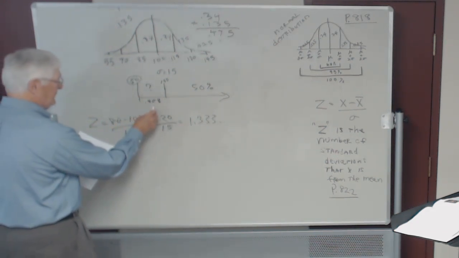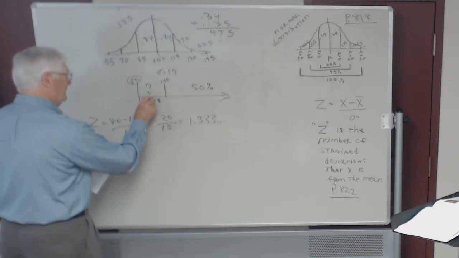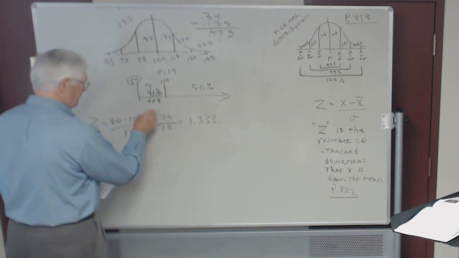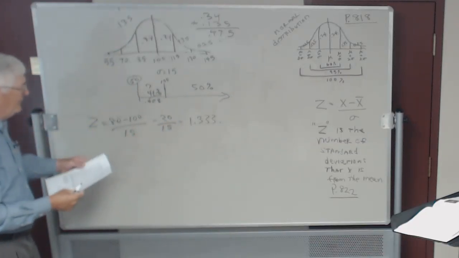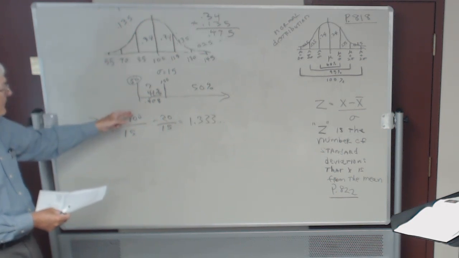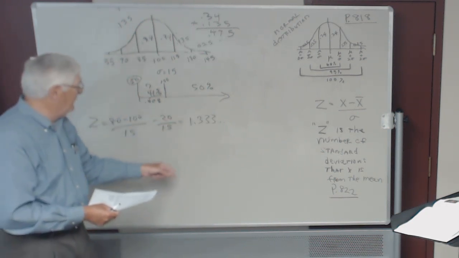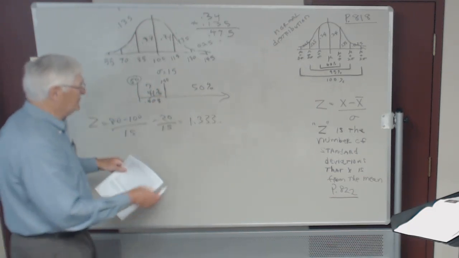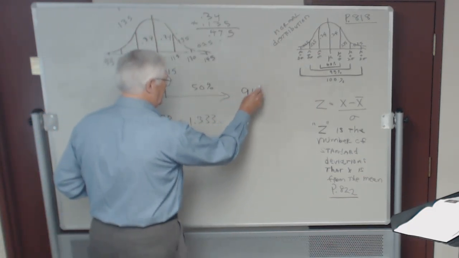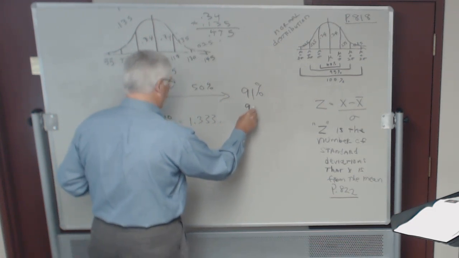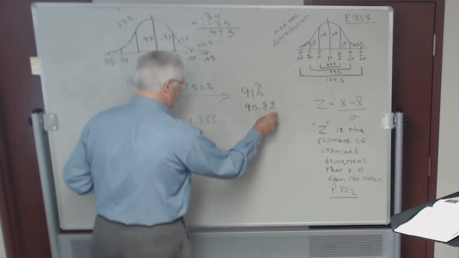So what percent goes in here? 41%. Just moving that over, 40.8 is about 41%. So what percent of the people are going to score above 80? This 41% plus this 50, 91%. Or the answer key might say 90.8%. You follow that?